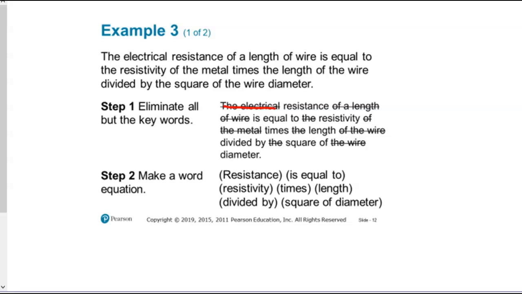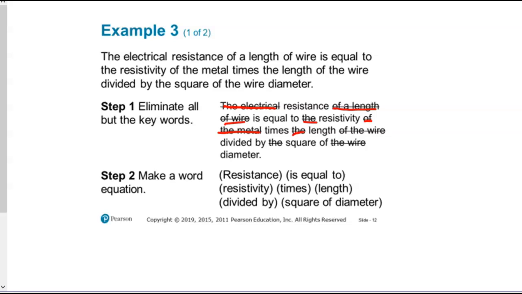resistance, because that's going to end up being a variable, and yeah, it's wire, but that's not as important, is equal to resistivity, whatever that is. That's something that's another variable. It doesn't matter what it's resisted to. Times, so that's an operation.